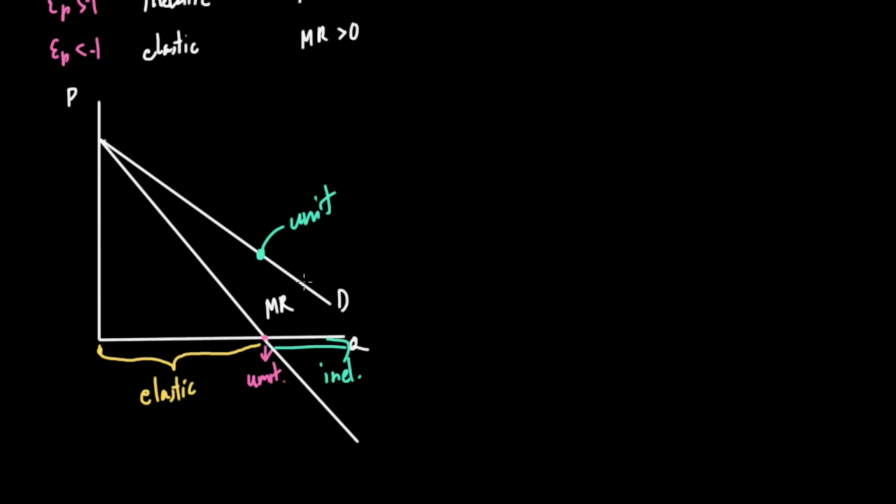And if we get a point on the demand curve right here and say that at this point demand is elastic, that means our marginal revenue at this quantity is greater than 0.